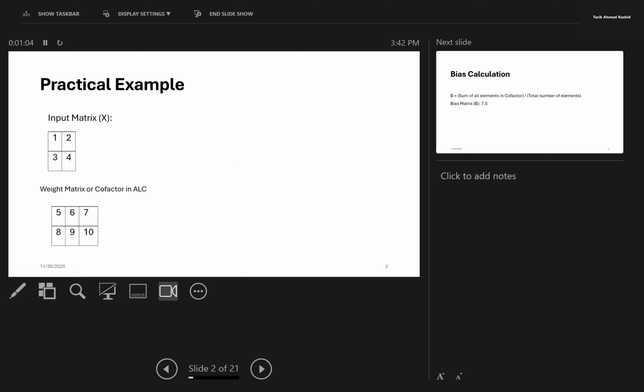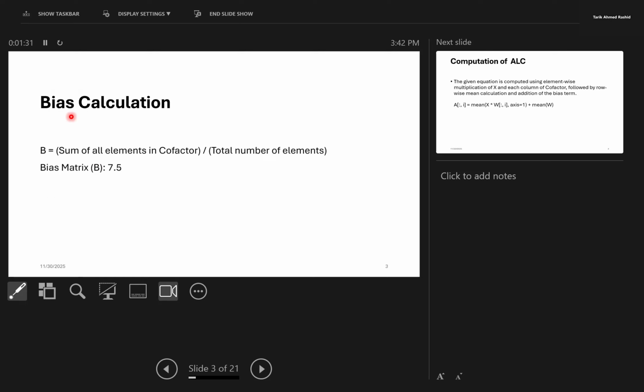For example, if we have an input pattern 1, 2, 3, 4, and a weight matrix 5, 6, 7, 8, 9, 10. In the multi-layer perceptron we call it the weight matrix, and in ALC we call it the cofactor. The bias calculation in ALC is the sum of all elements in the cofactor over the total number of elements.